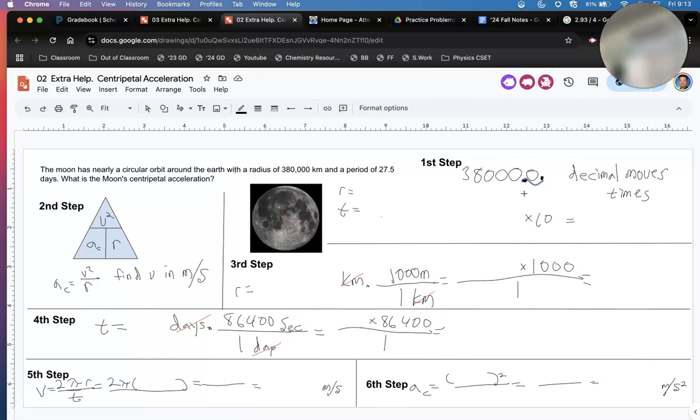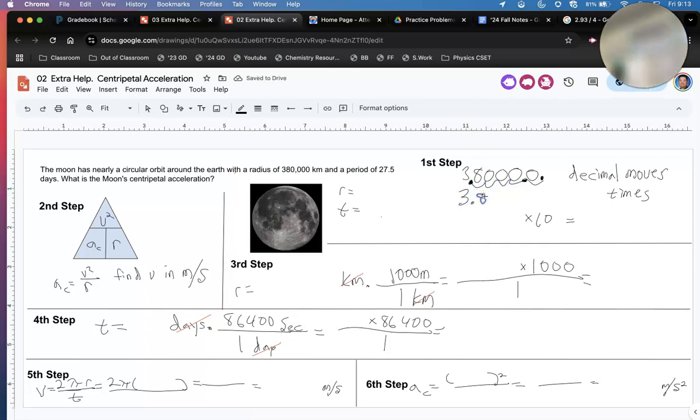Now it's how big? 38,000. So I'm going to keep moving this until the decimal is in between the 3 and the 8. So it's going to be 3.8.